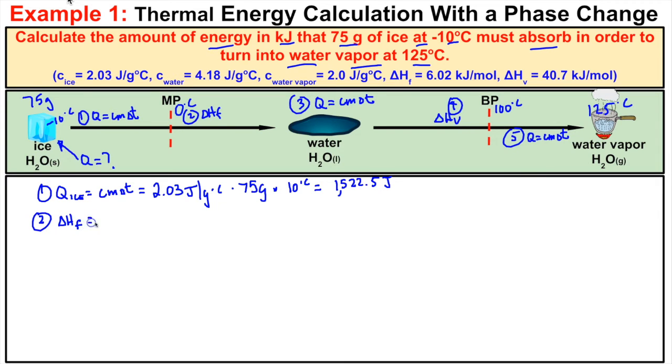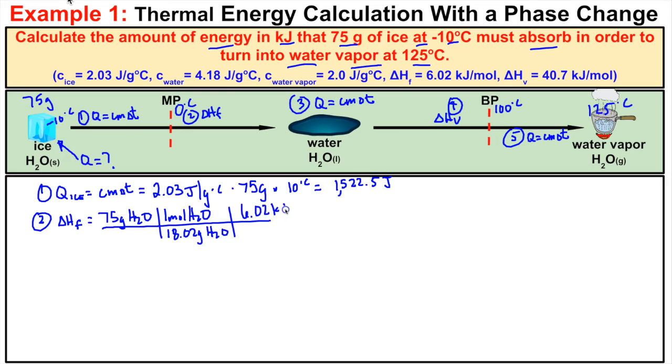In step 2, what we need to figure out is our heat of fusion. So we have 75 grams of water. We know that 1 mole of water is 18.02 grams of water, and we know the heat of fusion of water is 6.02 kilojoules per mole.